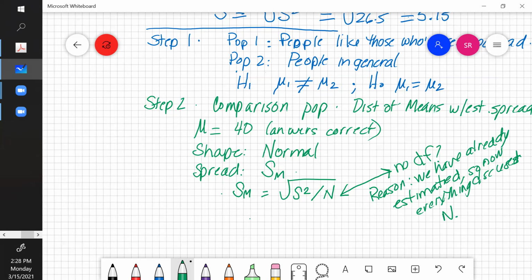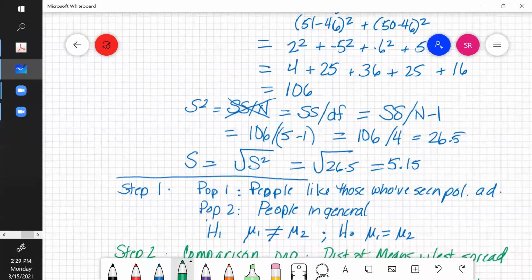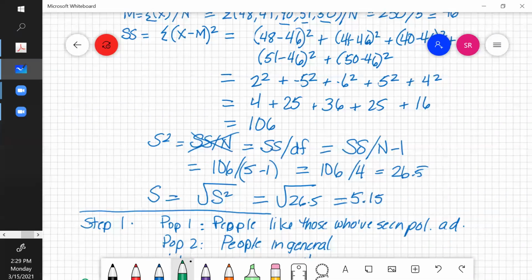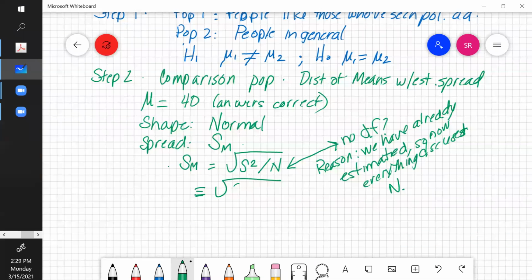So to figure this out, we simply need the square root of the variance we already calculated. Let's go back up and find it. Our variance in this case was 26.5, and we're dividing by n now, which is 5.